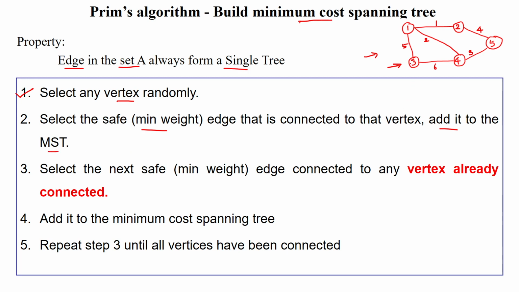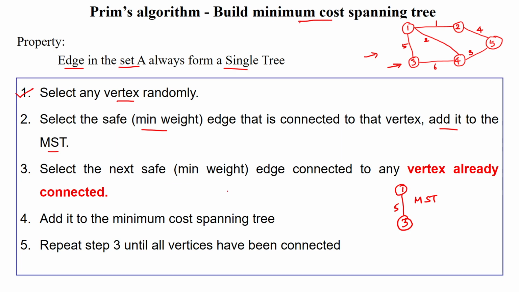For example, if you selected 3, then we can add that into the minimum cost spanning tree. Now the minimum weight edge here is 5, so 5 is added into the minimum cost spanning tree.